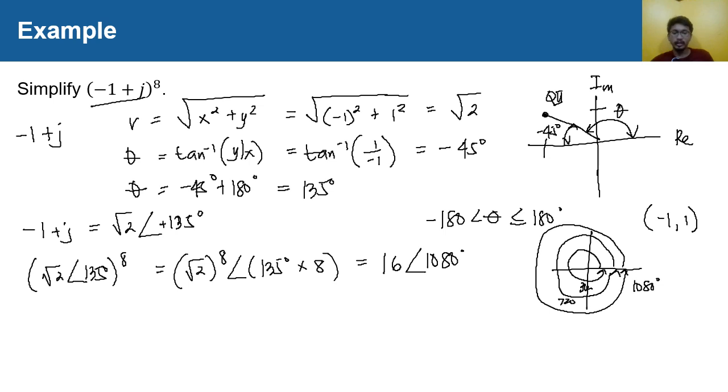So on the principal value, we have 0 degrees. Therefore, written in the principal value of the argument theta, your answer will become 16 bar angle 0 degrees, or simply 16. Therefore, (negative 1 plus j) raised to 8 is equal to 16.